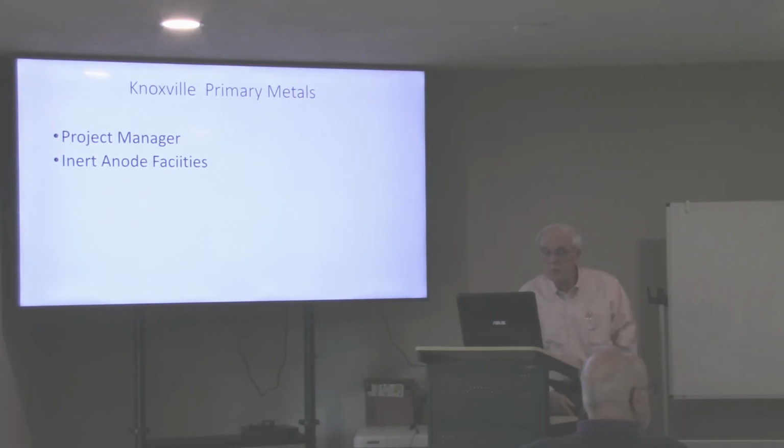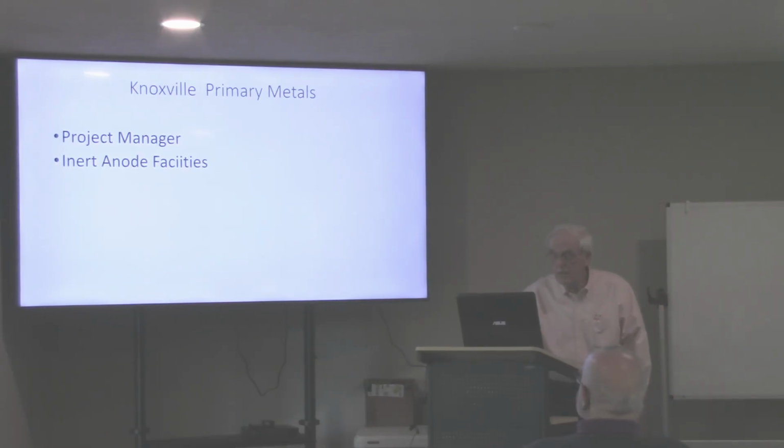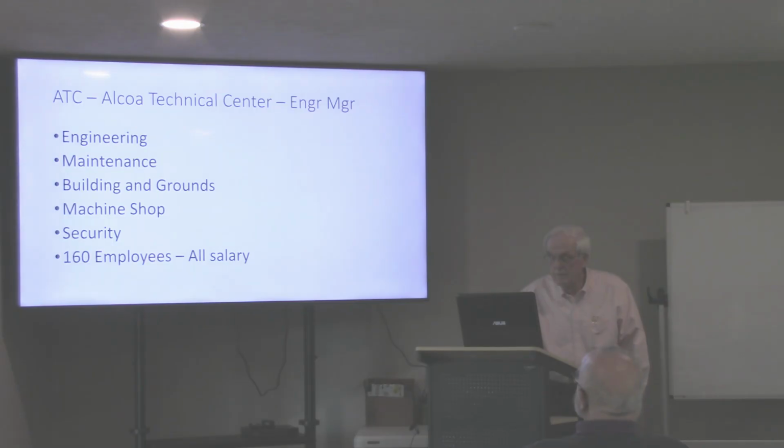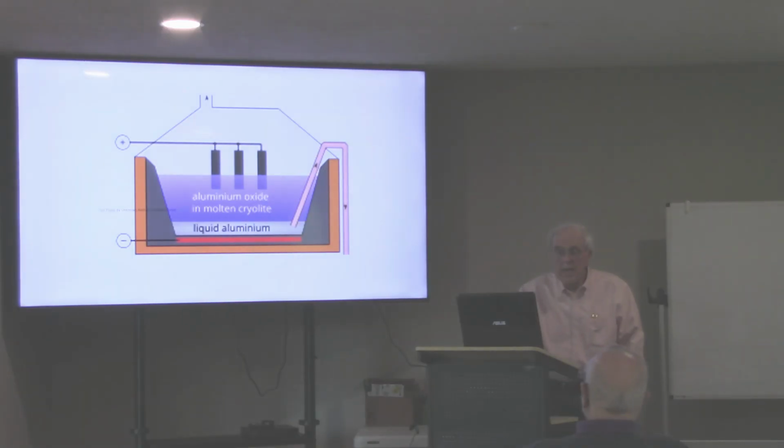So then we moved to Knoxville Primary Metals, and I was the project manager there for inner anode. Now let's go back. This anode, the three black things on top, that's the anode. Today they last about a month.